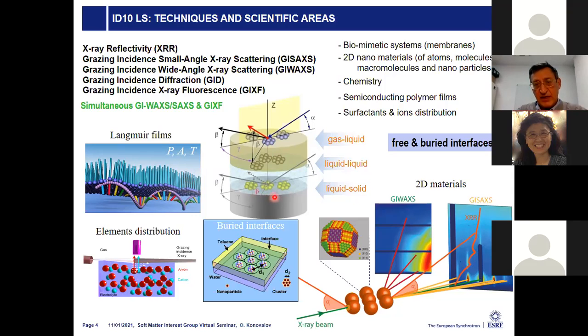The other part is to observe the growth and organization of nanoparticles near interfaces, very often liquid-liquid interfaces. Then also to look at polymer chemistry near the interfaces. And all this business is soft condensed matter.